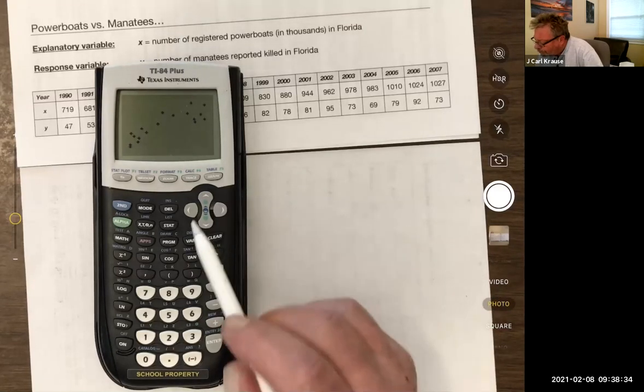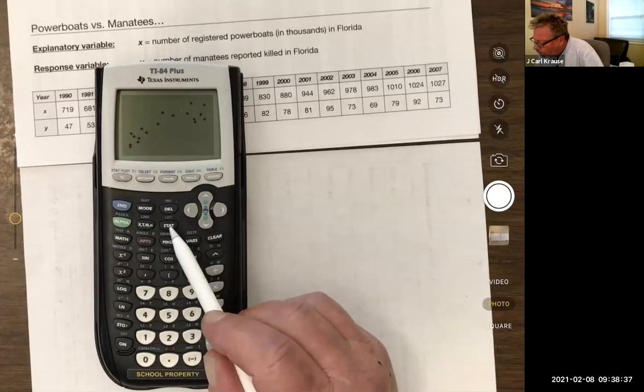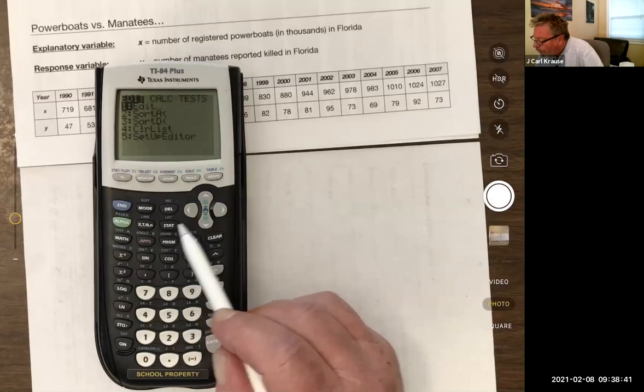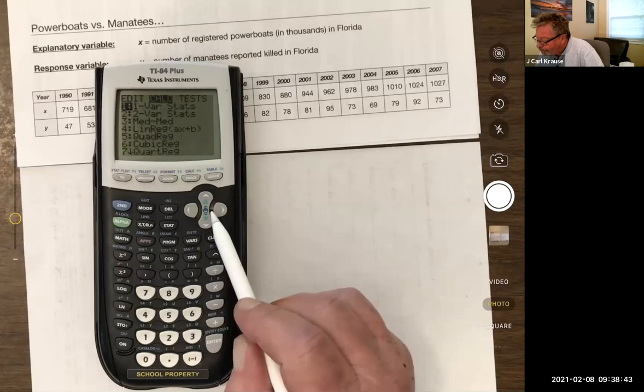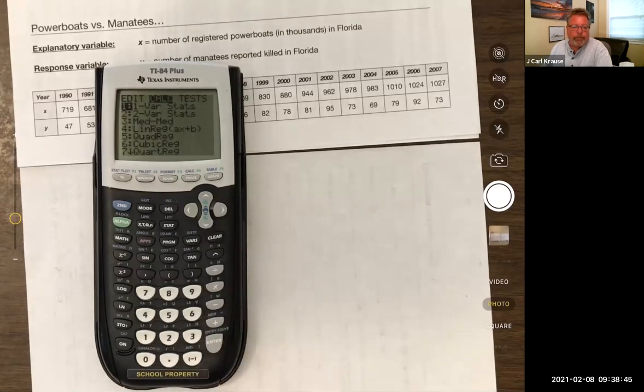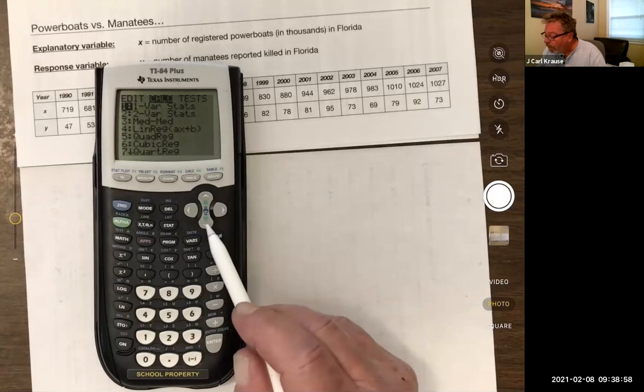So what we're going to do is press the Stat button, and we're going to go over to the Calc menu. And we've been here many times before. Our old friend One Variable Stats is there. But I'm going to scroll down in this list and find the linear regression command that we want to use. Now pay close attention to this.